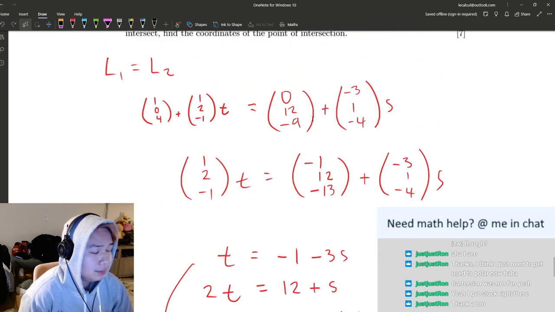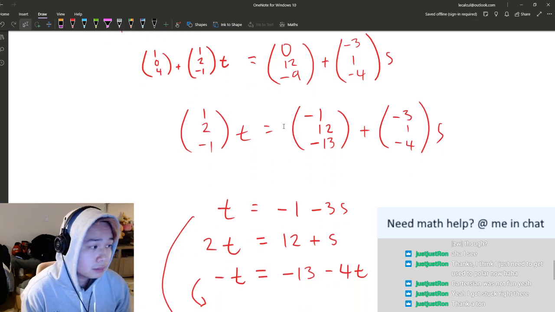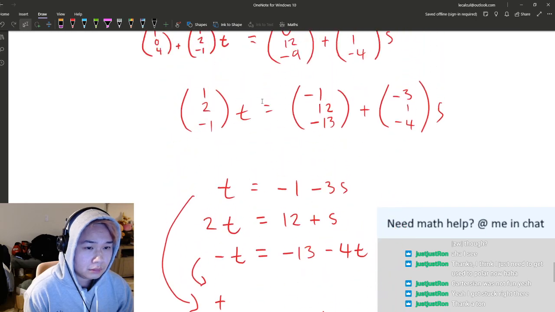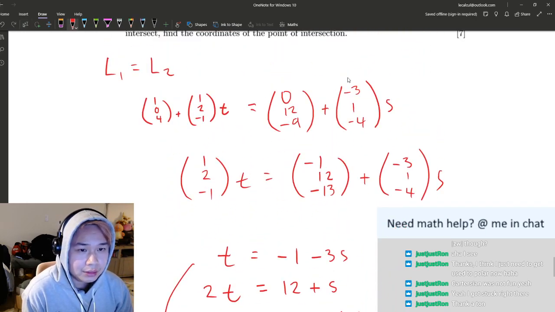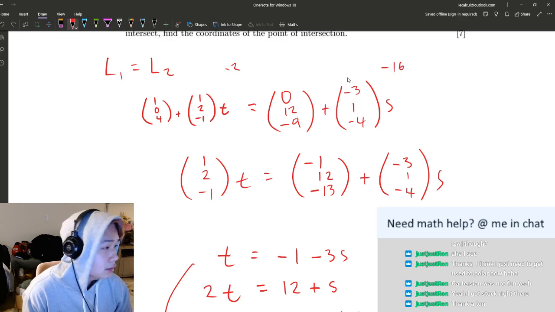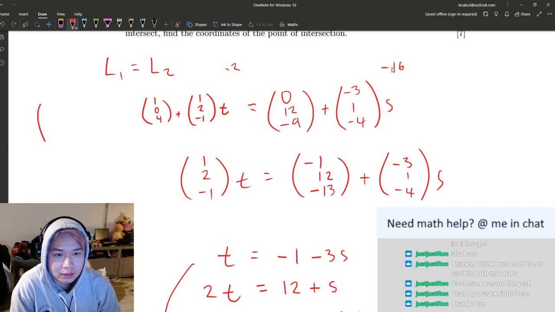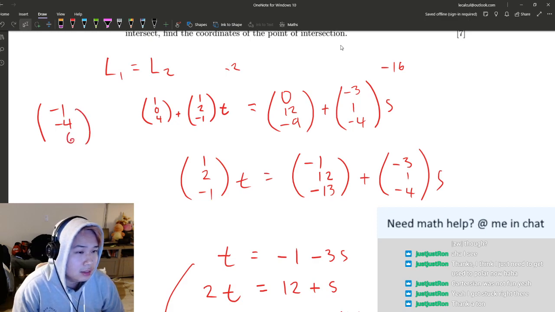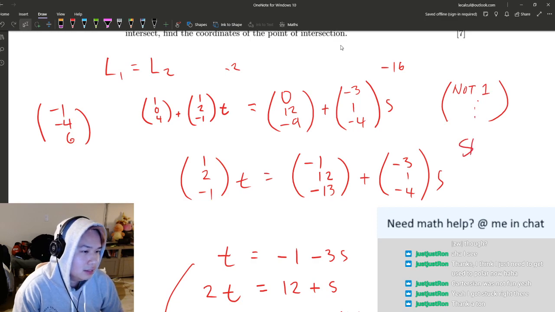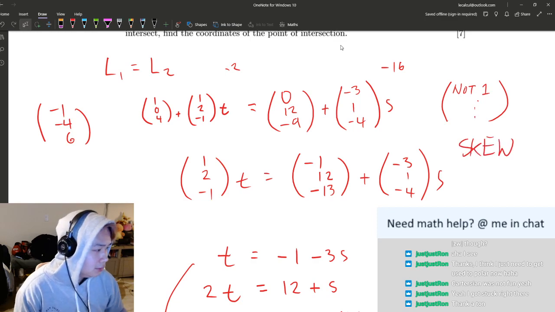Because if the coordinates are the same, then they intersect, or they're skew. So t is -2, s is -16. Okay, so let's see. 1 minus 2 is -1. 0 minus 4 is -4. 4 plus 2 is 6. And then over here, this is definitely not 1. So I don't even need to check the rest. So they're skew.